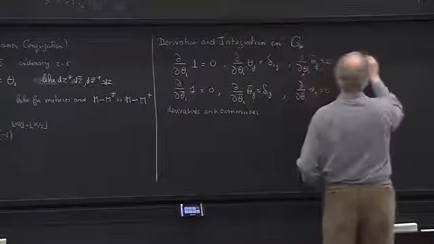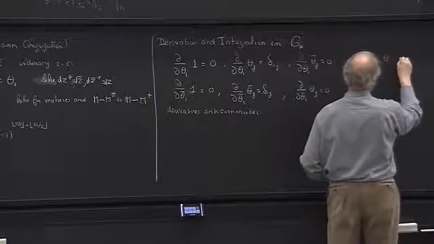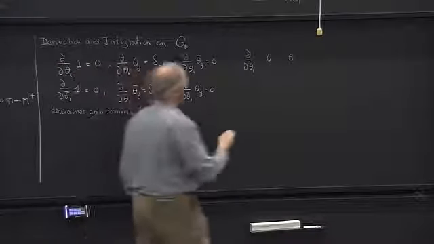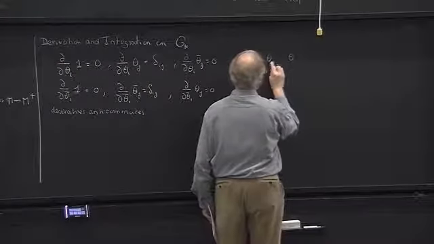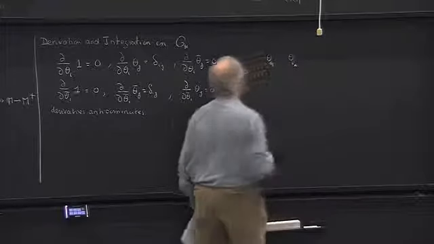If we want to compute d over d theta I of some product of thetas, just write it theta I1 up to theta Ik.